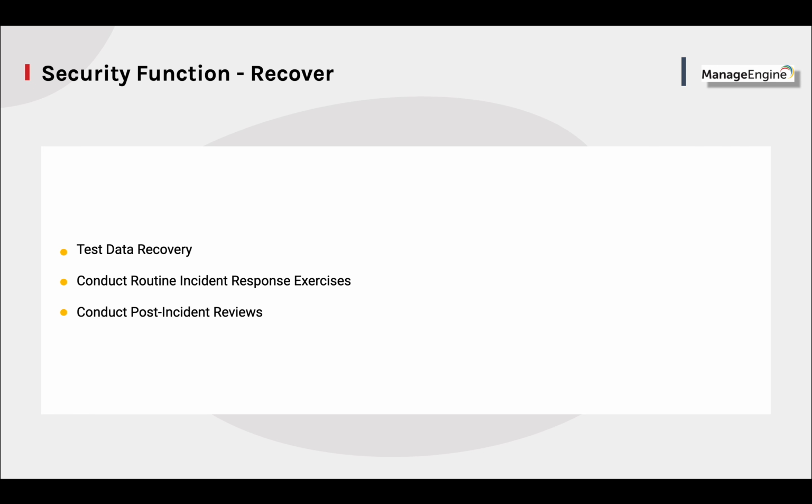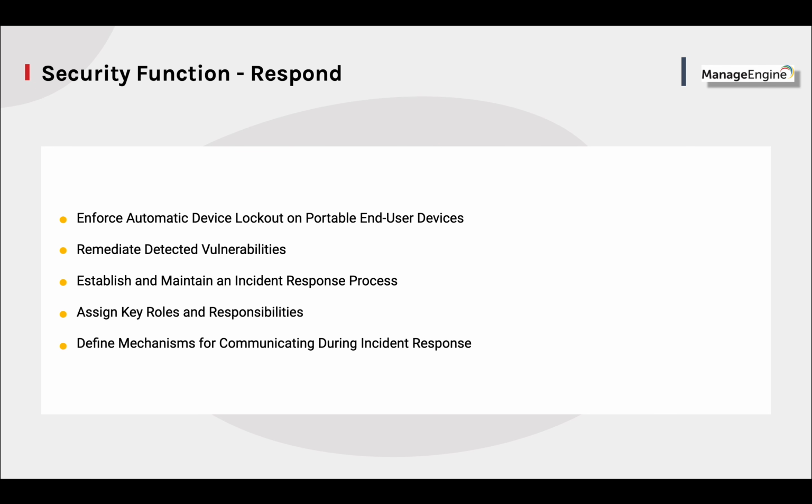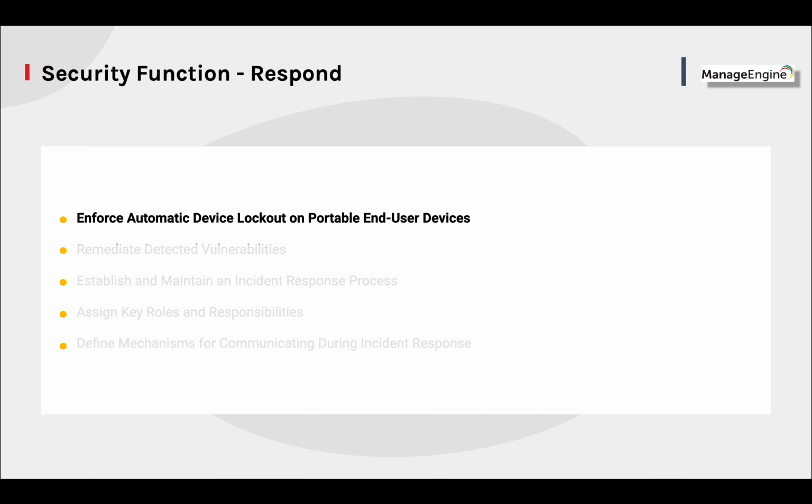Let's move on to the next security function, Respond. Enforce automatic device lockout on portable end-user devices. This can be achieved using Desktop Central Windows configuration by applying policies on mobile devices.